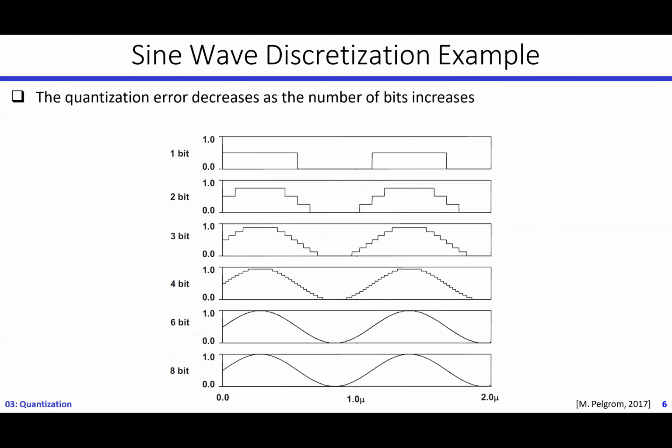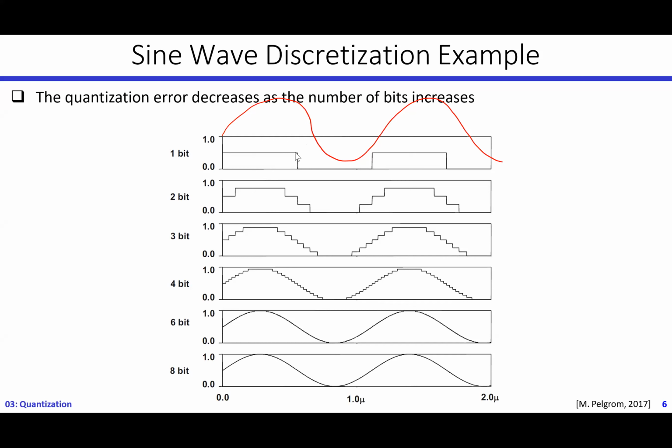As you can see here, for the same sinusoidal input signal, if I have just a 1-bit ADC, I will be able to map into only 2 levels, either 1 or 0.